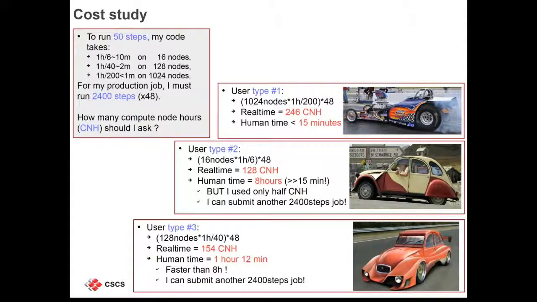In that case, you will run on 1000 nodes, and you will get the result of your simulation after 15 minutes, and that will cost you around 250 compute node hours.